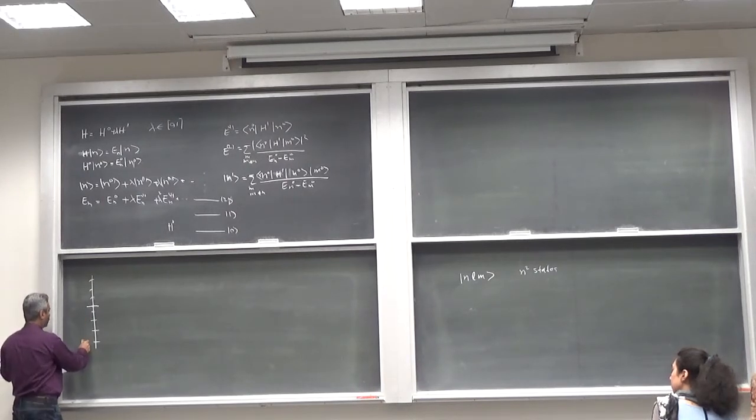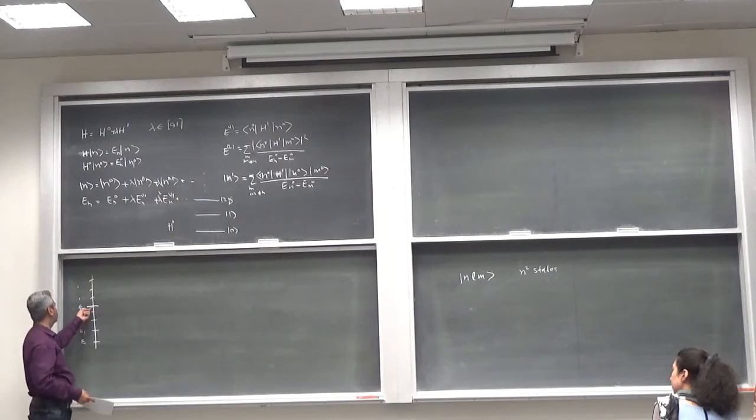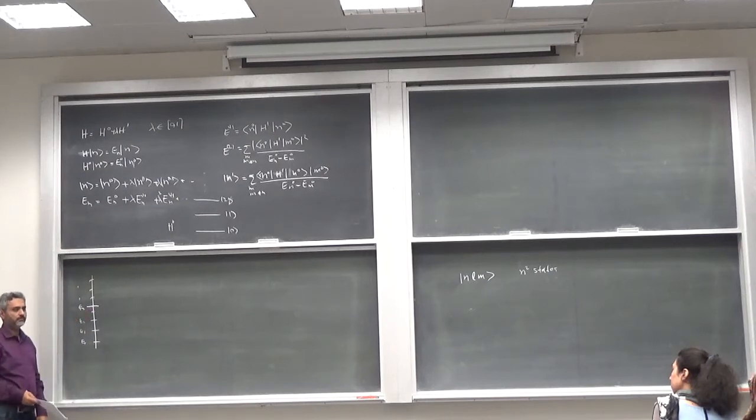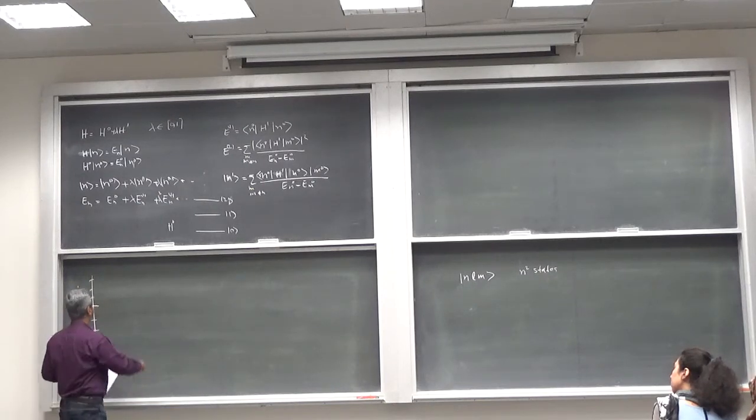So E0, E1, E2, blah blah blah. And so En, let's say this is degenerate. And let's suppose there are two states that correspond to En. Okay? So you apply perturbation, what will happen? Well, all of these energies are going to shift a little bit, right? Something like this. And so the new spectrum will form.